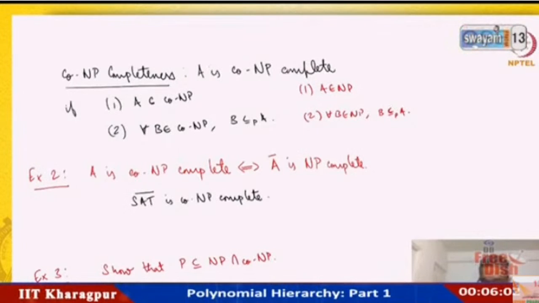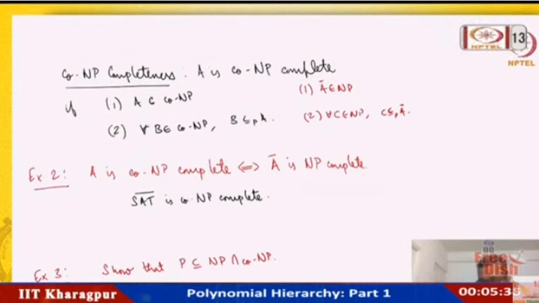So we already have that A complement is NP complete, which means A complement is in NP and all C in NP reduce to A complement. Now consider all B in CoNP.